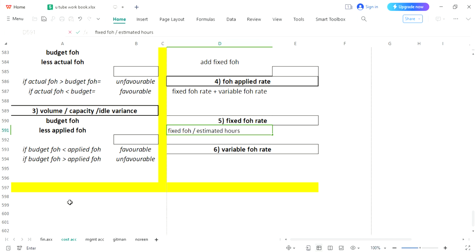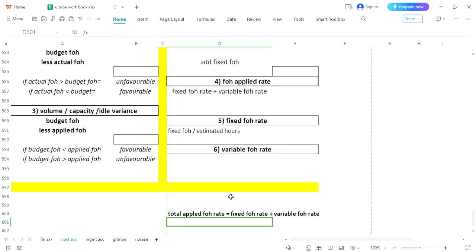And when you use normal capacity or expected capacity, you can have these formulas: total applied FH rate is equal to fixed FH rate plus variable FH rate. I'm writing the same thing which has been written over here, but let you understand it.